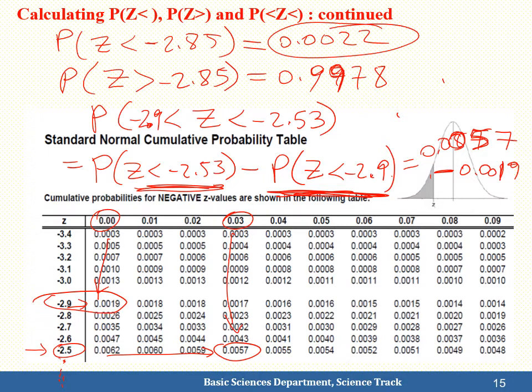So when you subtract, you will get 0.0038. This will be the probability corresponding to this interval.